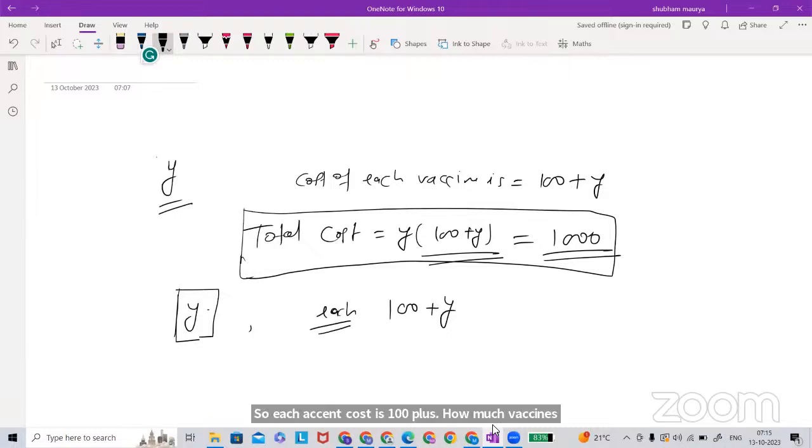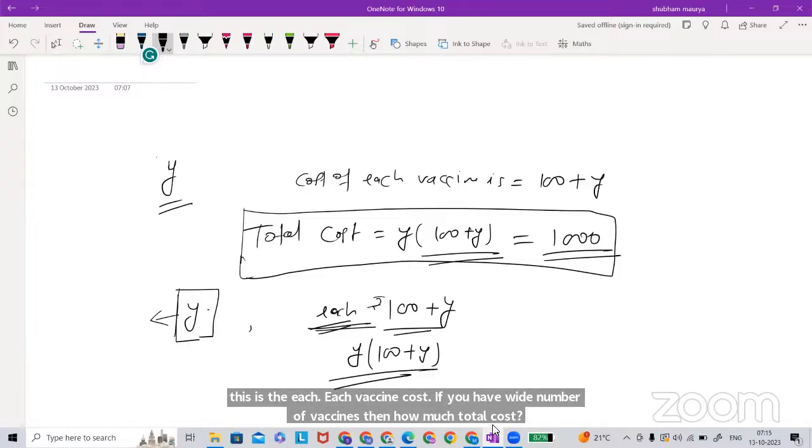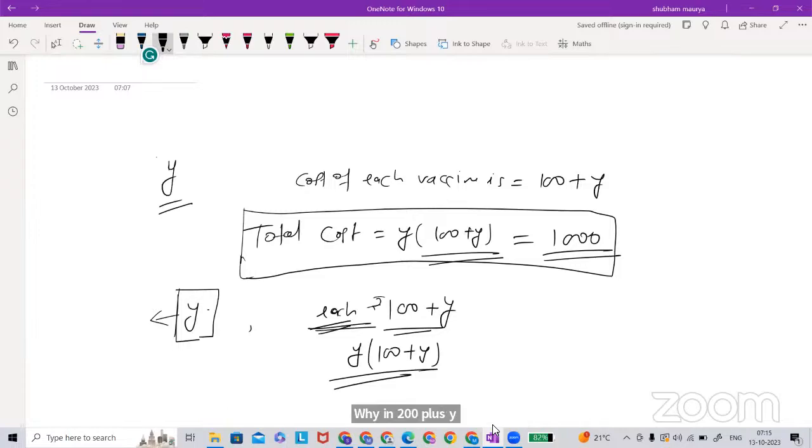If you have Y number of vaccines, then how much is the total cost? Y into 100 plus Y, right? And this is given on that day as 10,000.